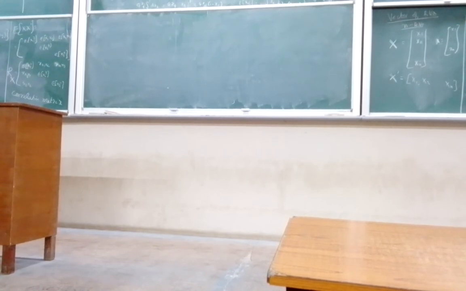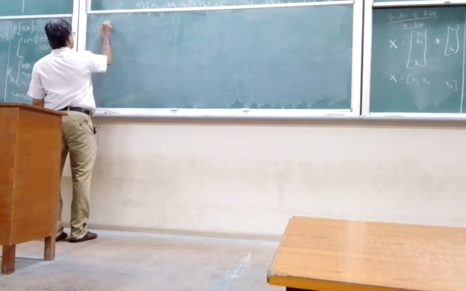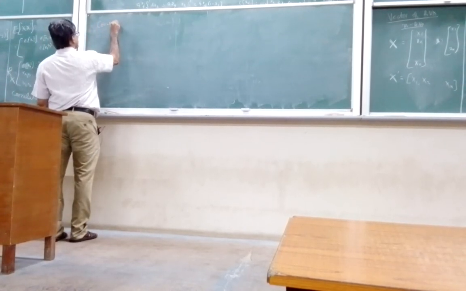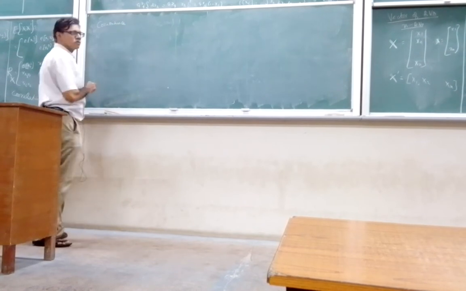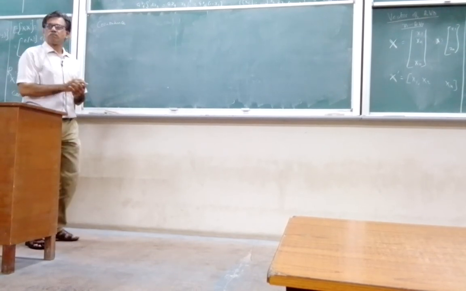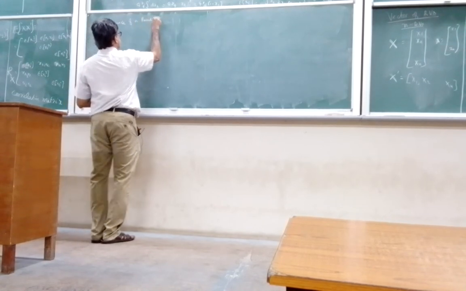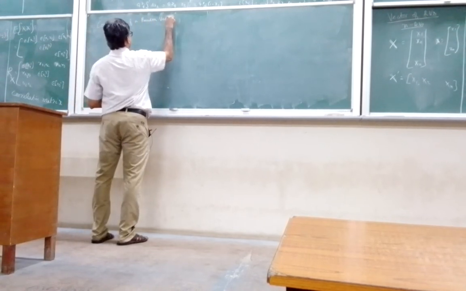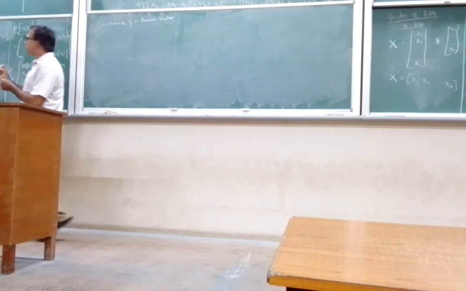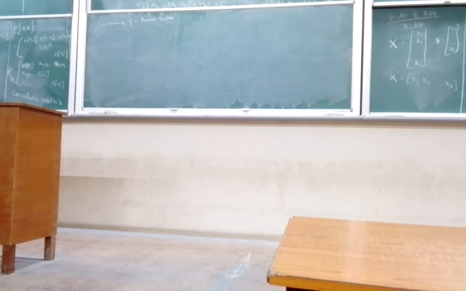In a similar manner we can define covariance of a random vector. See, if it is a random variable, we do this. What do we mean by covariance of a random variable with itself?